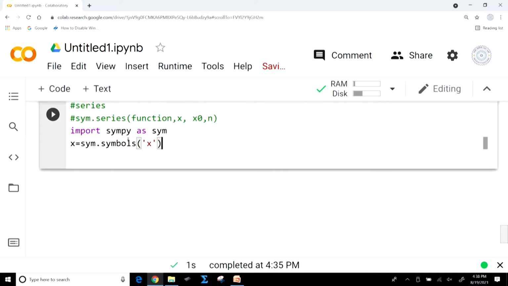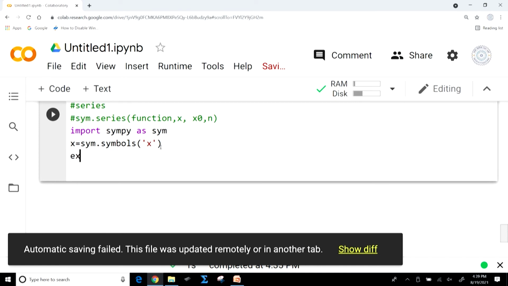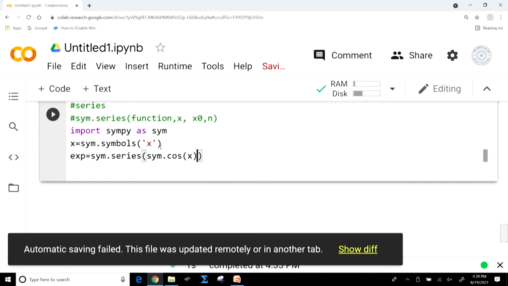So, first of all you import SymPy as simp, then you declare the variables, and then suppose you want the expansion of cos x: simp dot series of cos x, x.